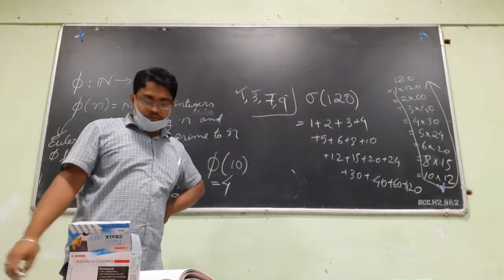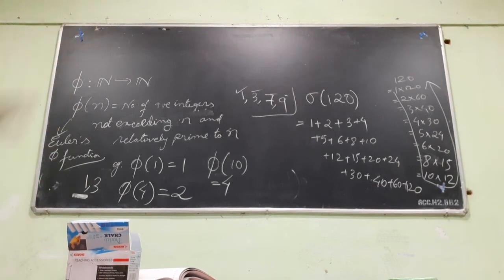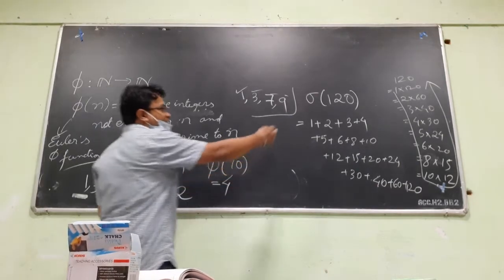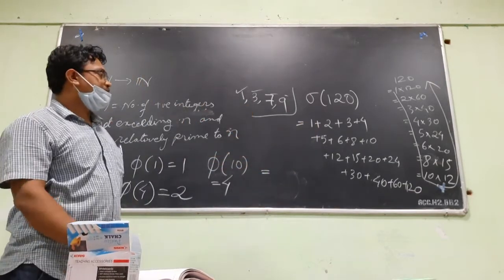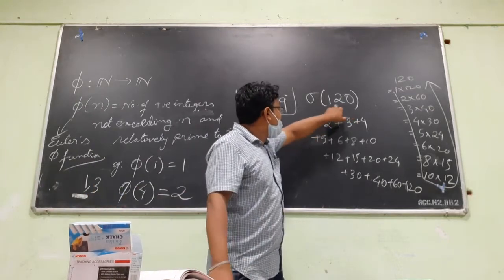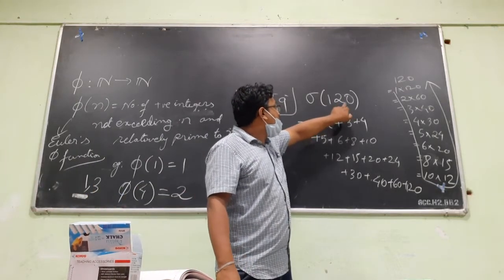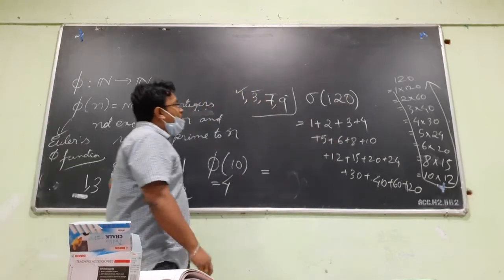But we don't want to calculate it directly. We will find out a shortcut way to do this, by expressing each of these as a product of primes, the prime divisors of 120.